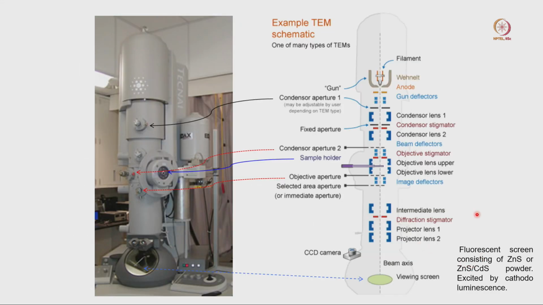One important part is the fluorescent screen, which is mainly made of zinc sulfide and cadmium sulfide powder. When the electron beam interacts here, it gives us a green light, and we can see the sample, the 2D projection of a 3D object, on this screen.